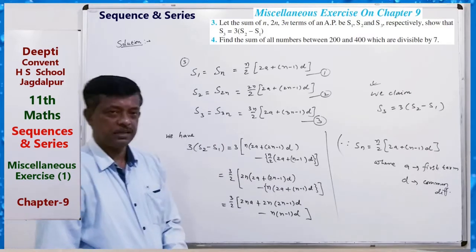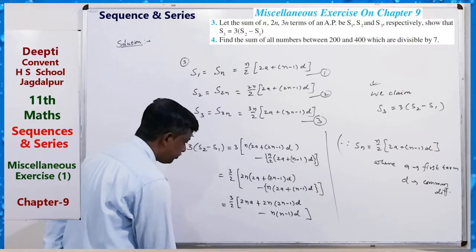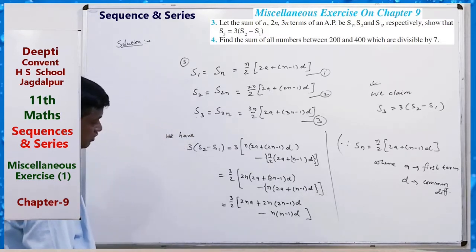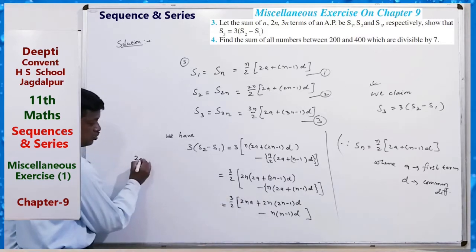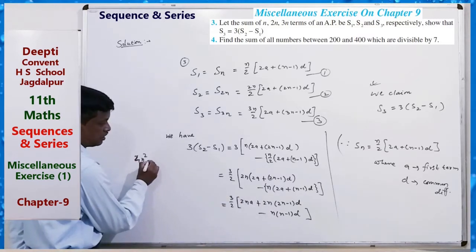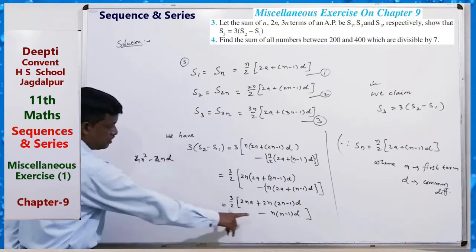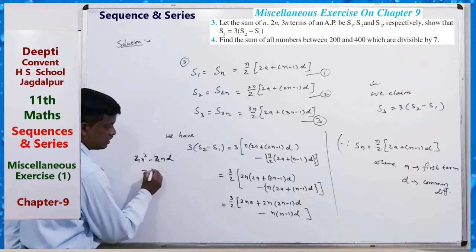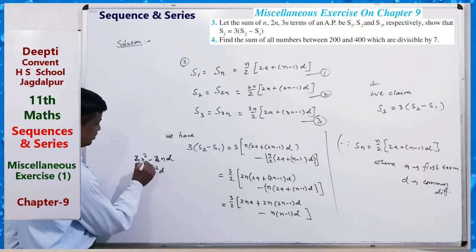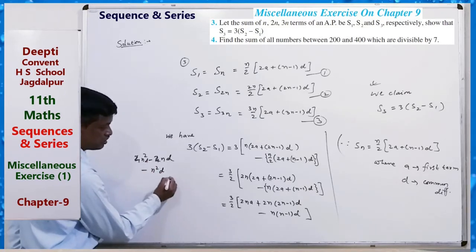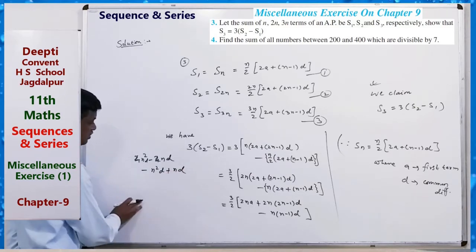From here we can see that if we take common, just solving this, 4n square minus 2nd, minus n square d, plus nd.